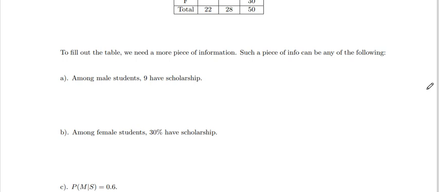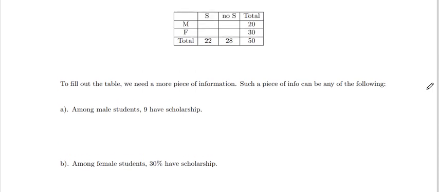Like here, if we know that among male students, 9 have scholarship, so we can put for male scholarship, and we also use no scholarship, right? So totally male 20 students. So for male, if we have 9 got scholarship, then this means 11 no scholarship, right?